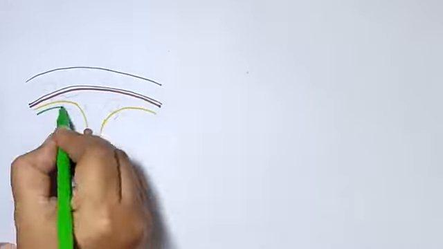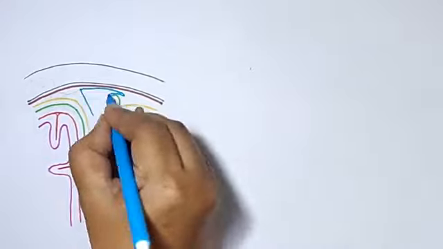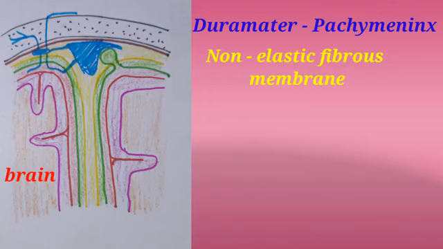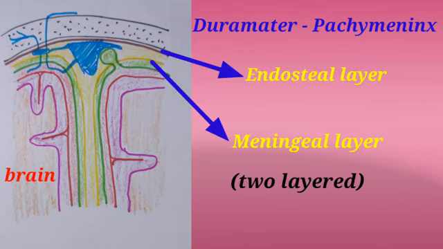In this picture, I'll give you still more detail about the cranial meninges. The dura mater, also called pachymeninx, is a thick non-elastic fibrous membrane. In the cranial cavity, the dura possesses an outer endosteal layer and an inner meningeal layer.